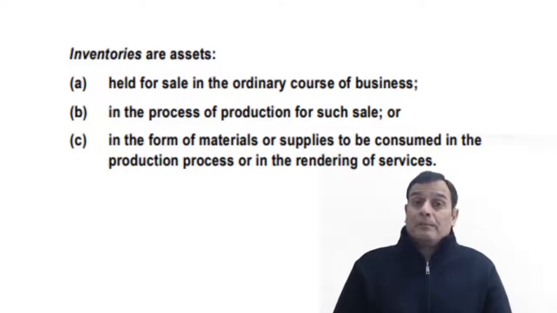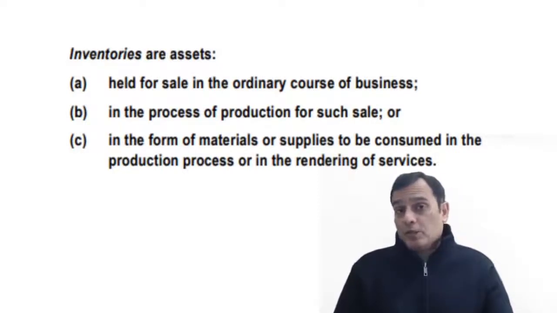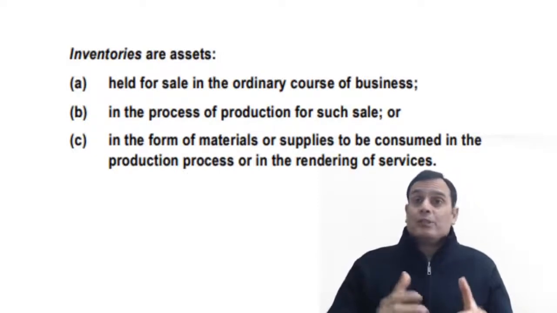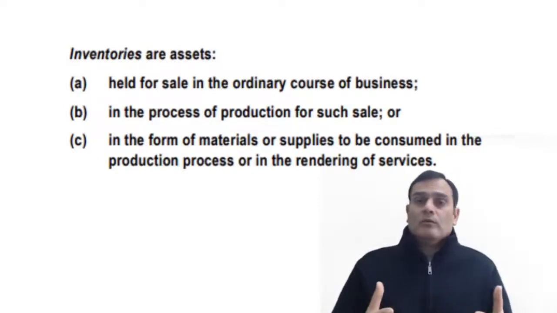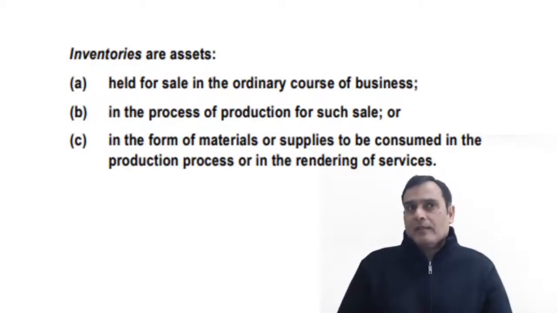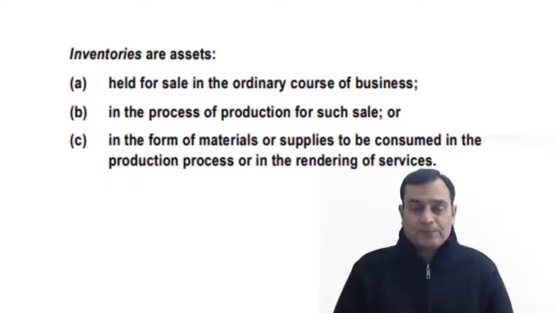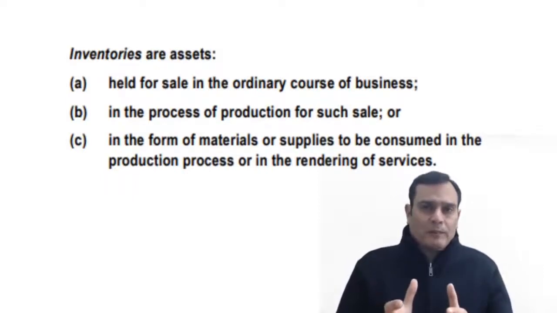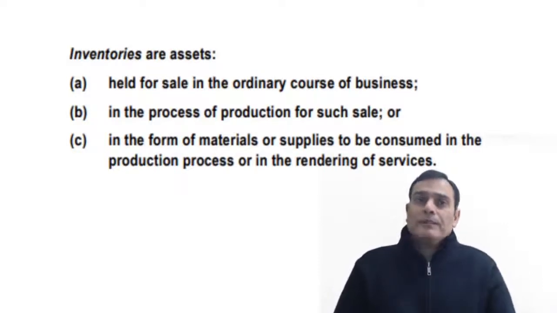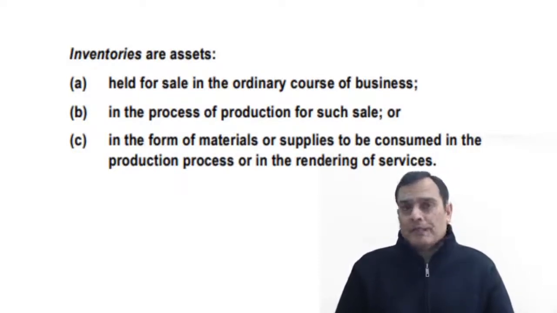One is primary packing, without which a product cannot be sold. And the other is secondary packing, which is more like an additional packing, to make the goods look more attractive. For example, during the Diwali season, you would see that products will be packed with an additional packing. Secondary packing would not be considered a part of clause C, but primary packing would be.